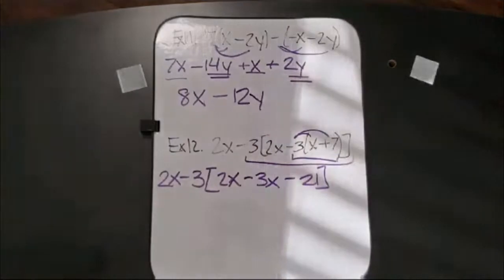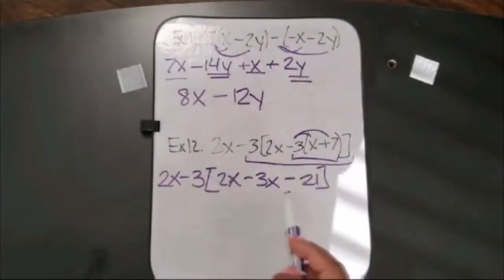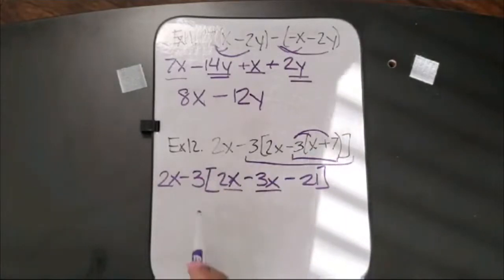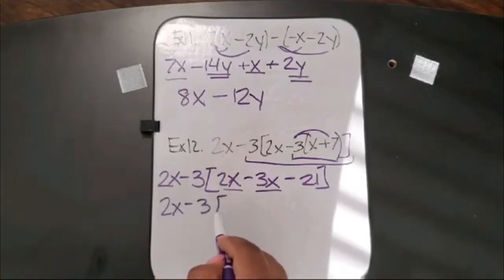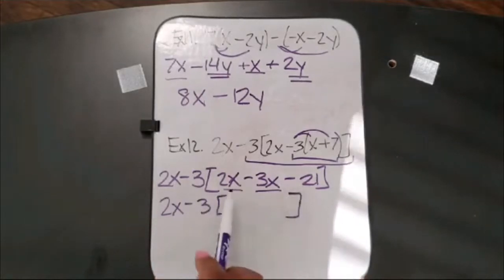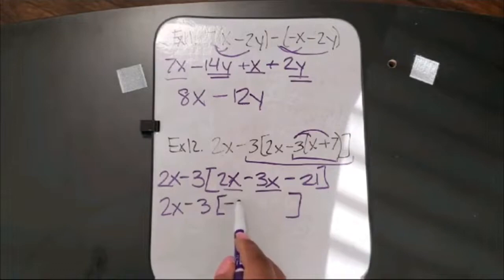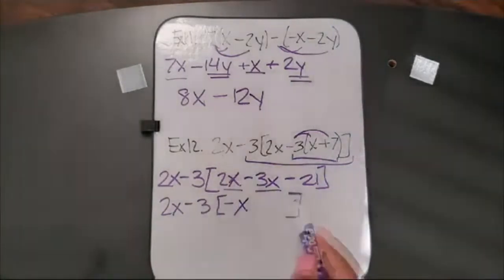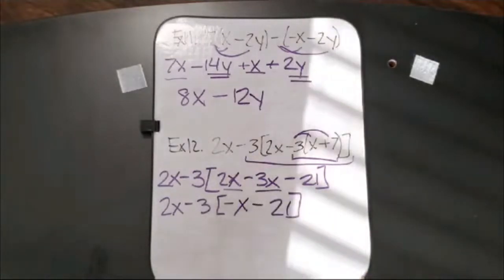All right. Now inside of our brackets, we want to look and see if we have any like terms, and we do. So I'm going to rewrite this, and inside of our brackets, we have 2x minus 3x, which is negative x, and then we have minus 21.